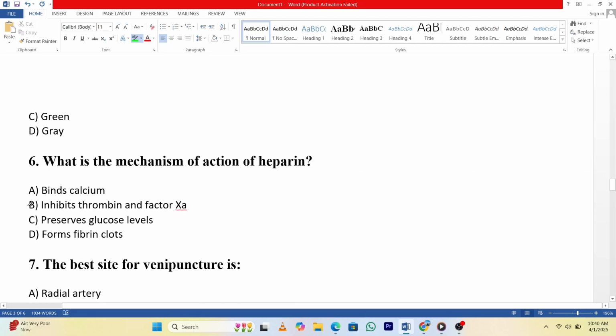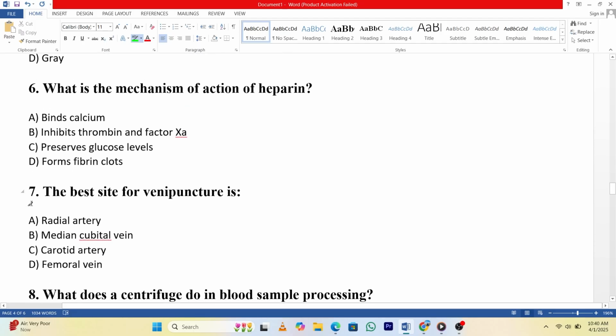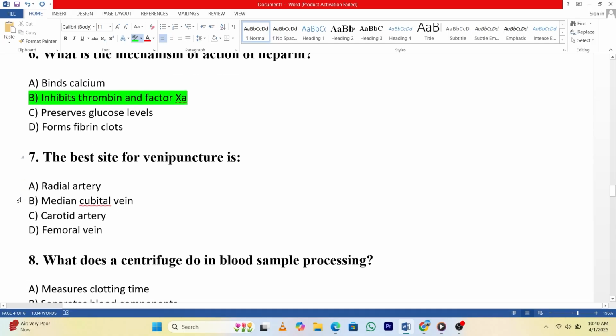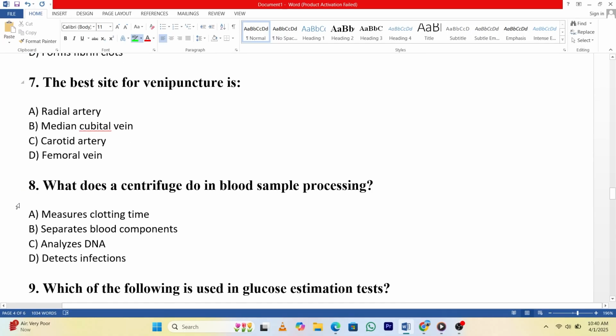6. What is the mechanism of action of heparin? A. Binds calcium. B. Inhibits thrombin and factor Xa. C. Preserves glucose levels. D. Forms fibrin clots. Answer: B. 7. The best site for venipuncture is: A. Radial artery. B. Median cubital vein.